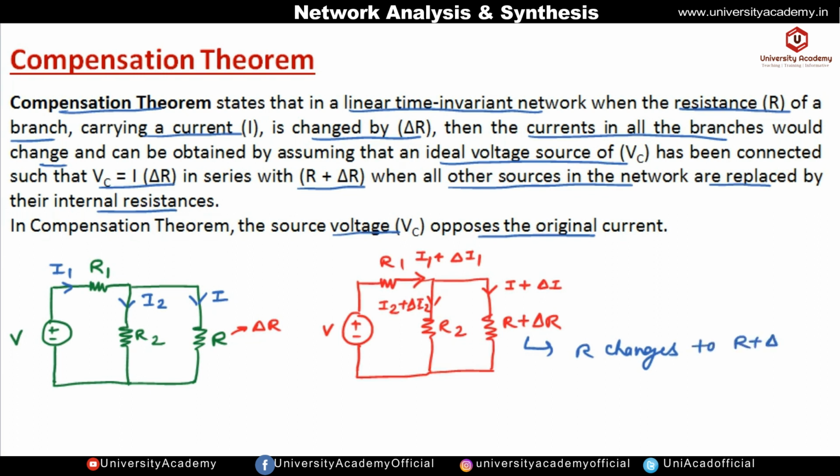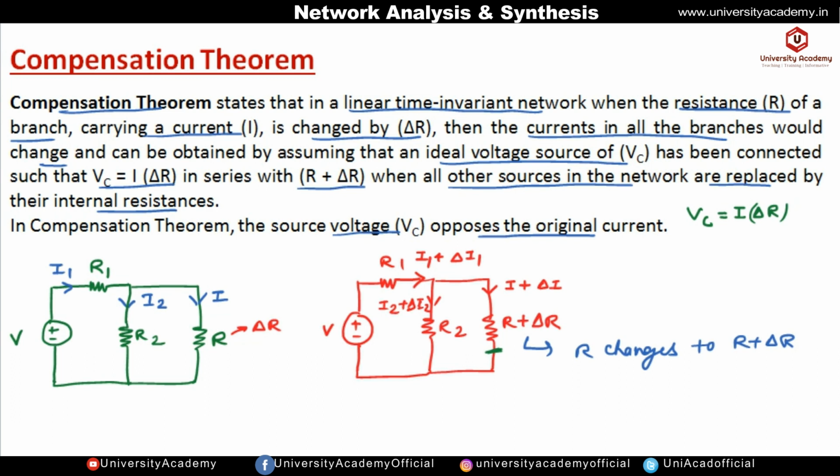Now if we have to find the change in the current, we have to connect a voltage source of VC value, where VC is given by the current I, that is the original current flowing through that resistance, times delta R, the change in resistance. This voltage source will be connected in series with this resistance, that is R plus delta R, and all the other sources present in this network will be replaced by their internal resistance.